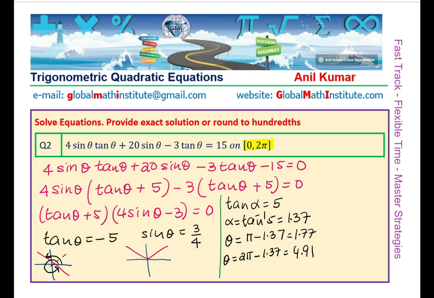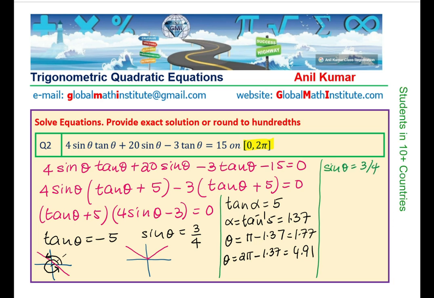Now let's find the other two answers from the second factor, which is sine theta equals 3 by 4. Now 3 by 4 is positive. We can find angle alpha. So sine theta equals 3 by 4, so alpha equals sine inverse of 3 by 4. Let's use the calculator once again: shift sine inverse 3 by 4, and that gives us 0.848.